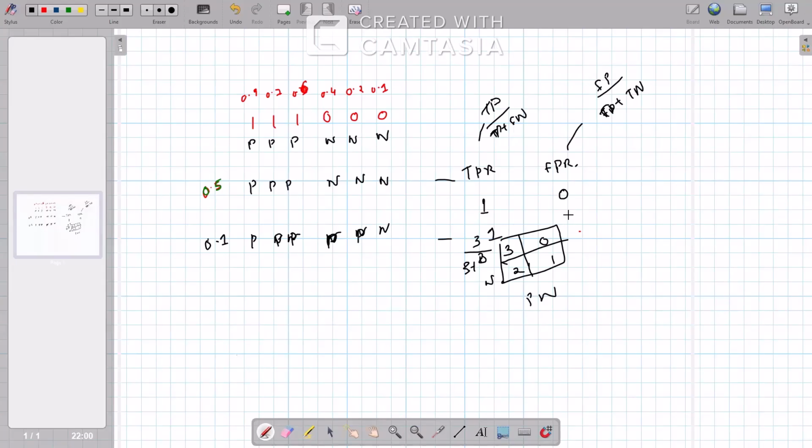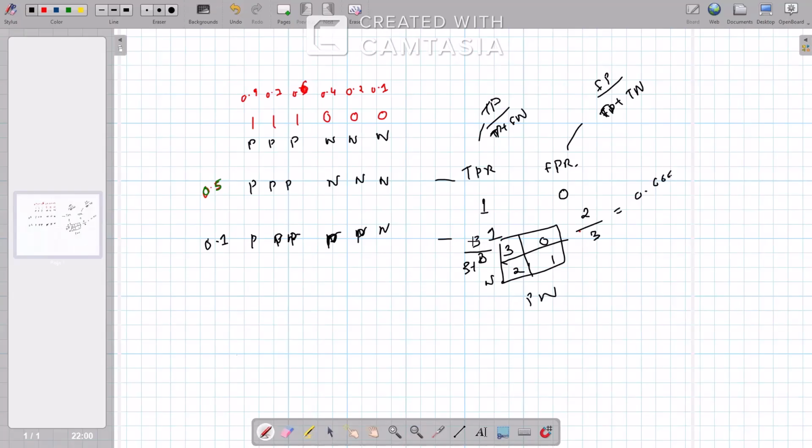And for the false positive rate, false positives are 2, by false positive plus true negative, 2 plus 1, which is 3. So it will be around 0.666, right?